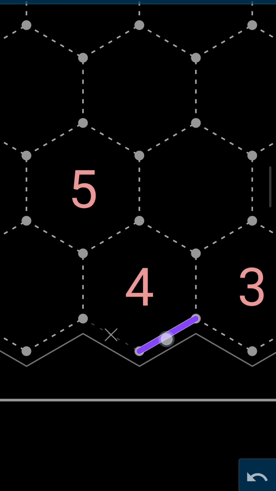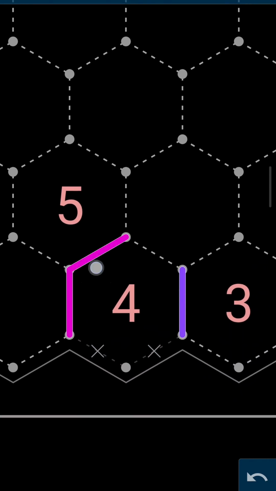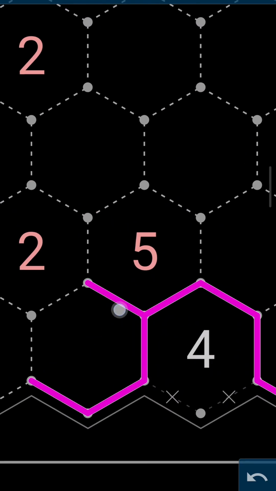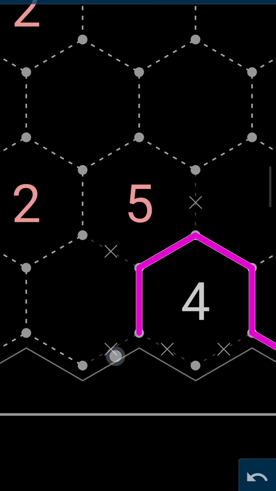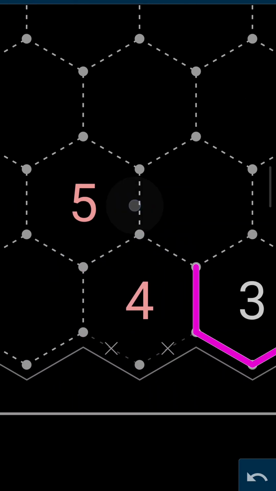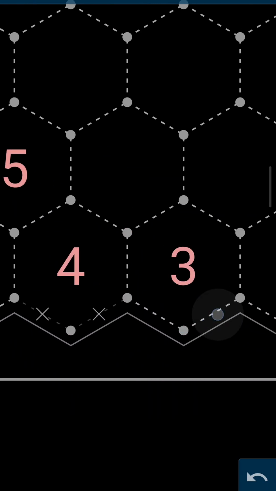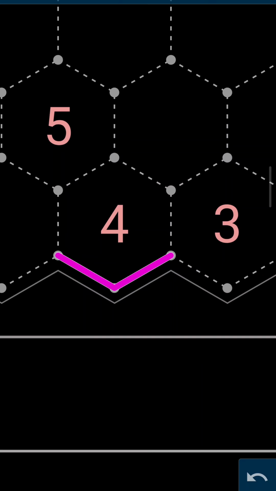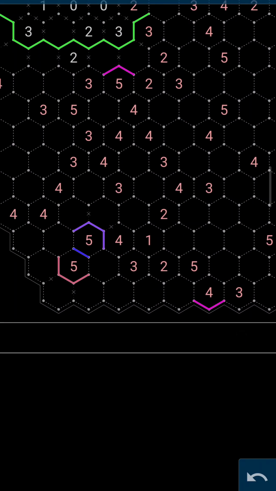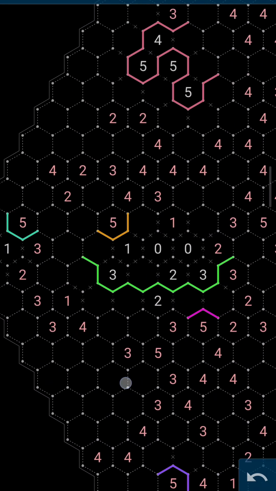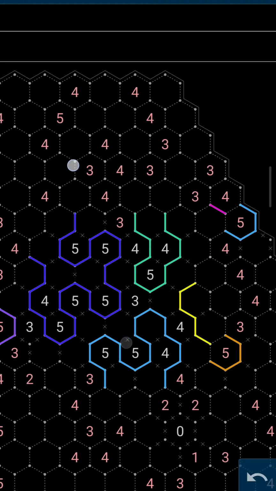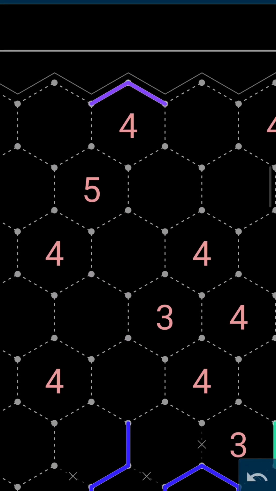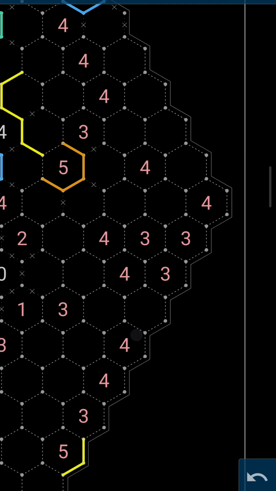If you put the hole of the 4 here, you would fill in the 4 as such and make the 5 impossible. This means that these 2 lines on the edge must be filled in. It might seem like a very particular case, but it actually happens quite often and can be somewhat useful for solving the puzzle.